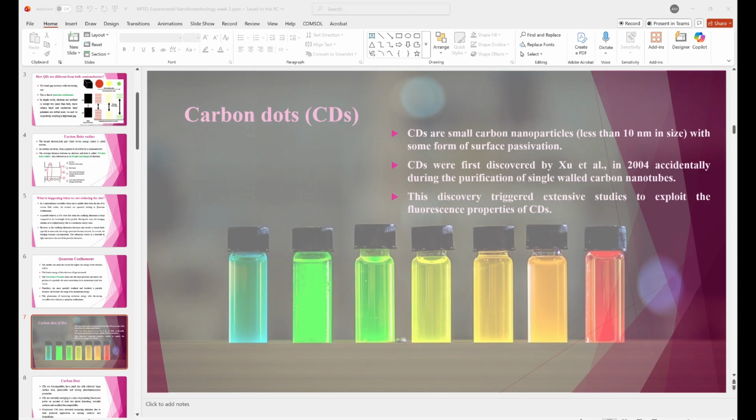Basically, if you have single-wall carbon nanotubes, you have a graphene sheet and you roll it. There's a term called rolling vector. You roll it in a particular direction, and depending on the direction you get different conformations of carbon nanotubes, armchair, zigzag, like that.